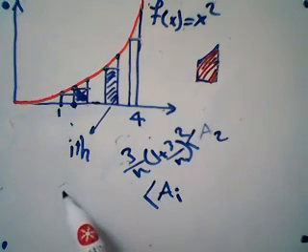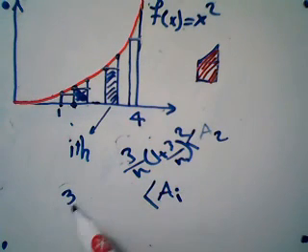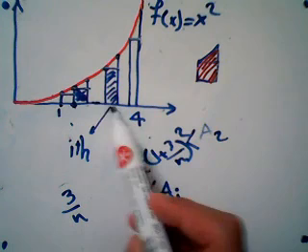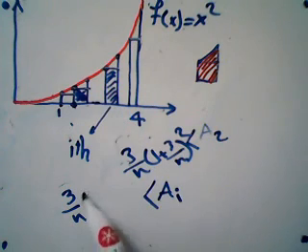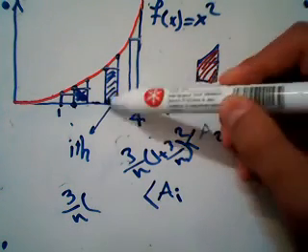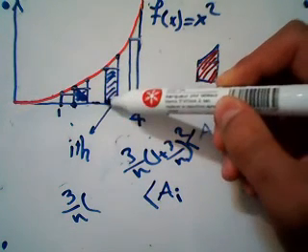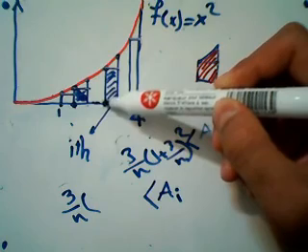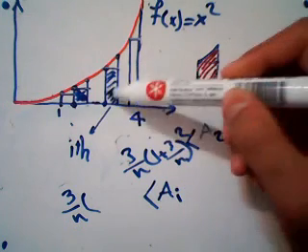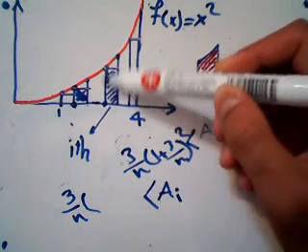What is the area of that? It is 3 over n, the length of this side, times the value of f for this point, which would be the length of this side.